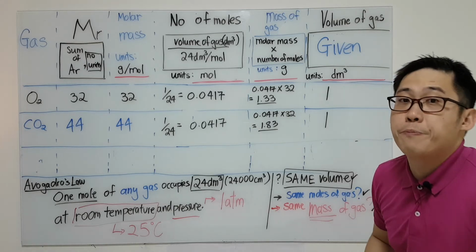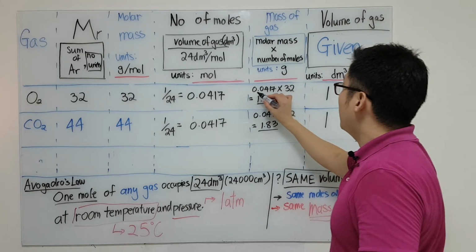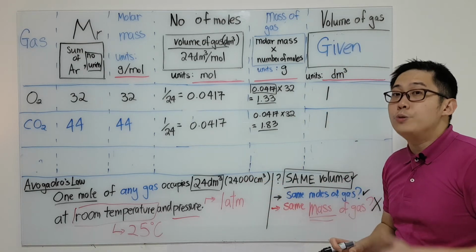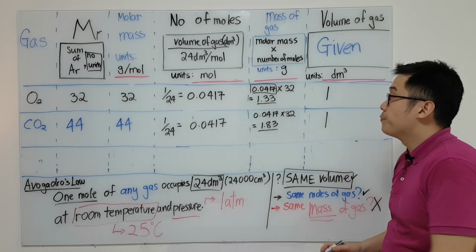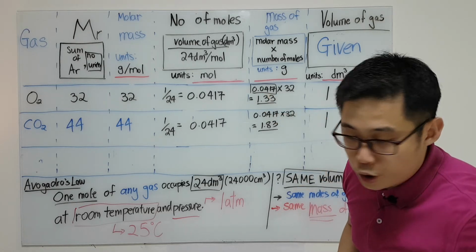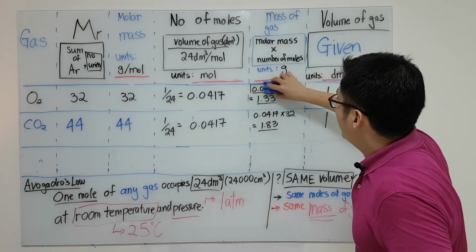Now, students, before I finish this, I would like to advise you that when you are doing your calculation, it is always better to use one or two more significant figures.